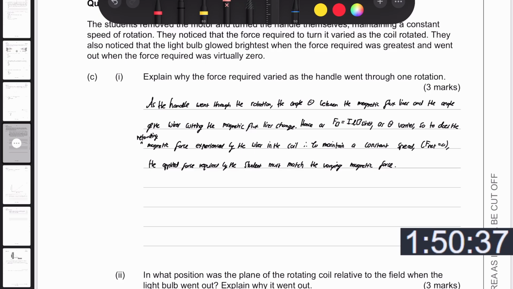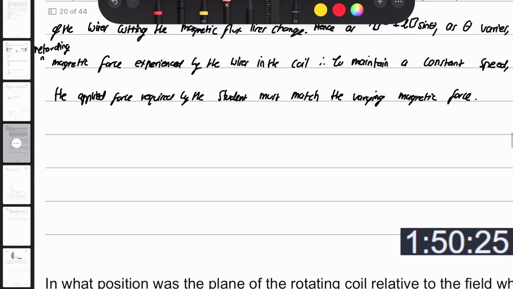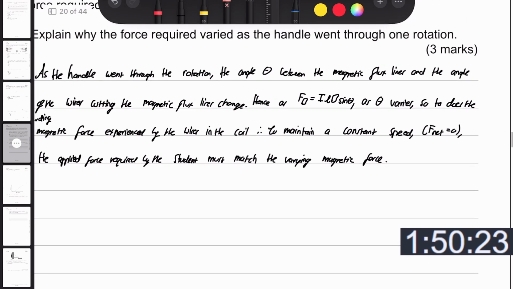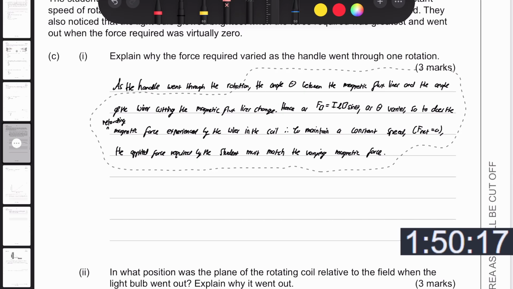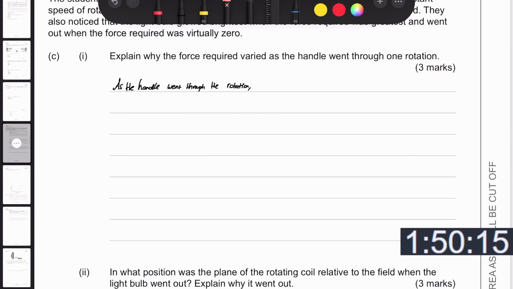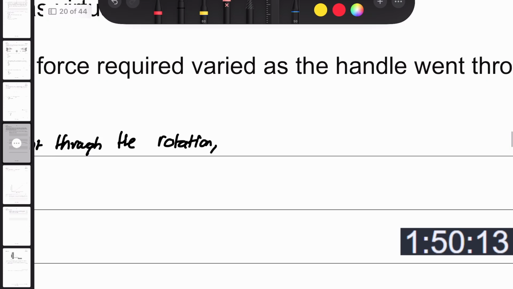I think I should. So as you apply it, there's a back EMF. Okay, so I think, yeah, let's get rid of this. Let's delete rotation.